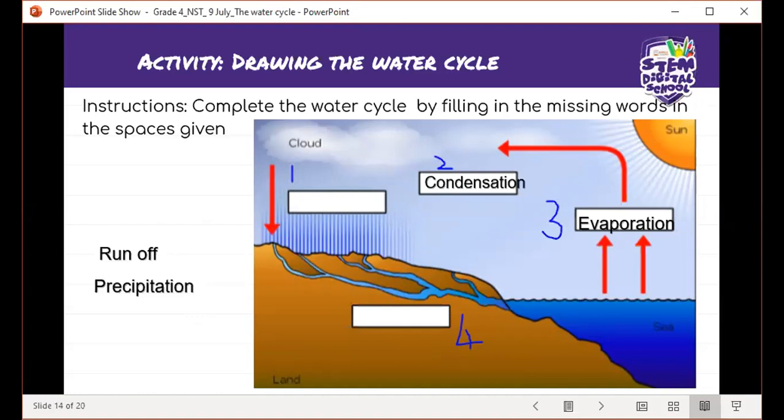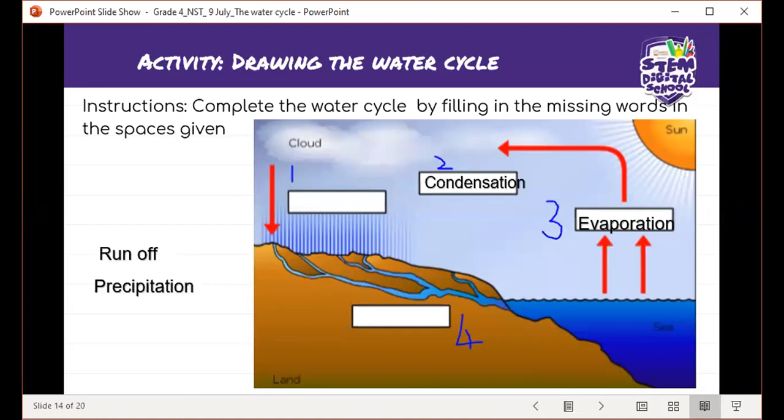Then runoff, where do we find runoff? Is it number 1 or number 4? So I see the 4s which are flying in the group chat. All right, Awelani, I see you. Okay. Guys, you can just write 1 or 4.